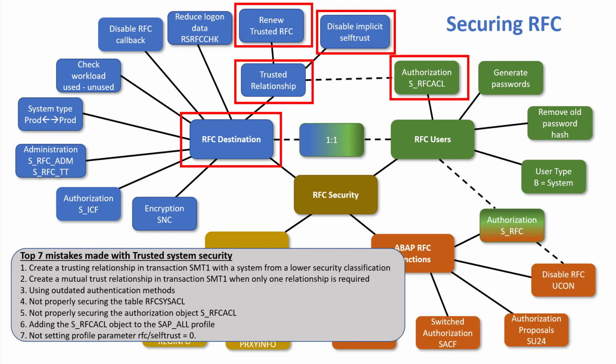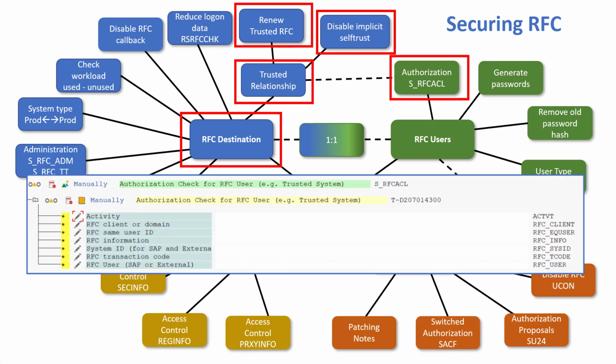Next, we'll spend a few minutes going through the S_RFCACL object and the different options for maintaining the authorization fields. These are the different authorization field names for the S_RFCACL authorization object.